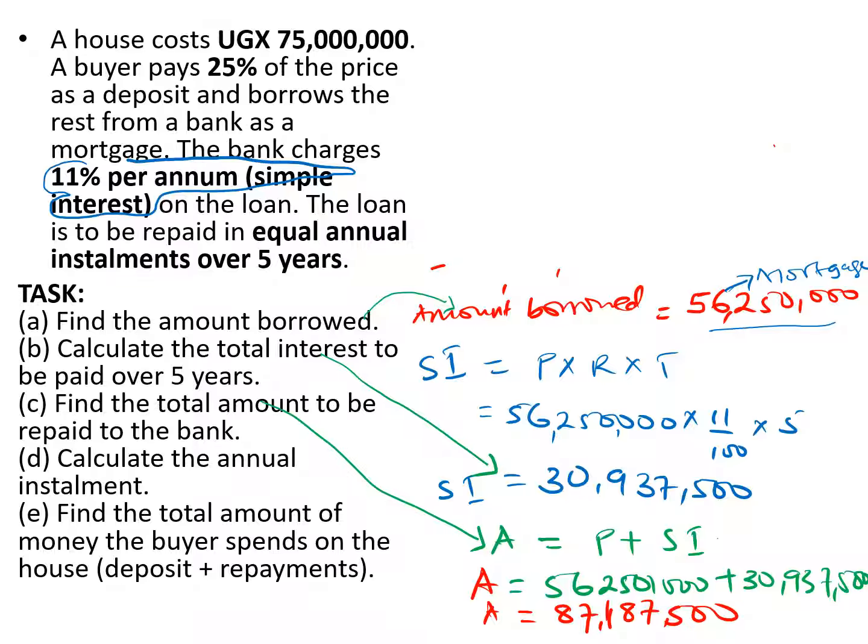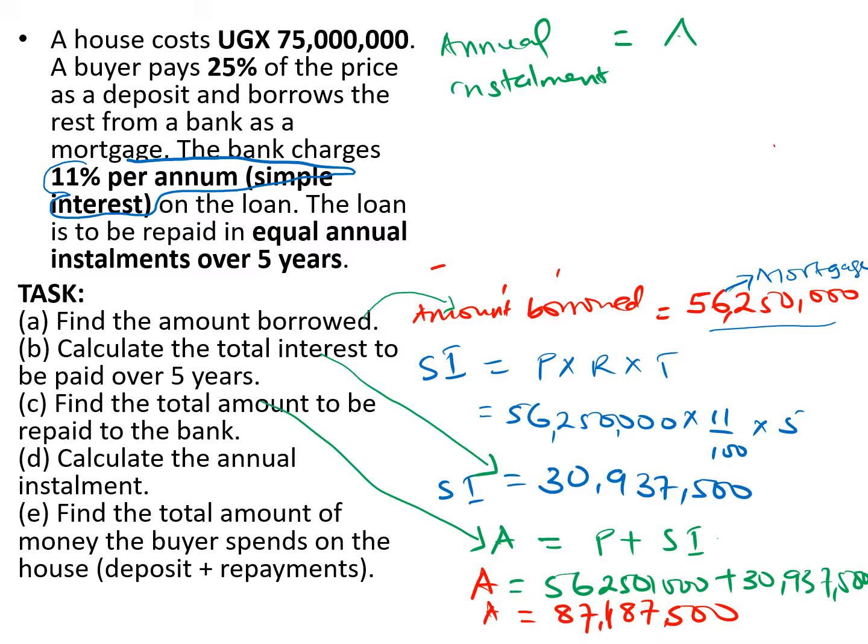So annual installment is equal to amount divided by number of years, or time.